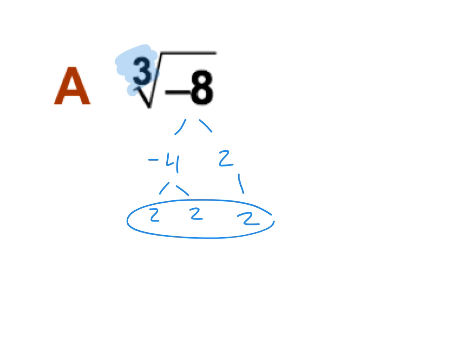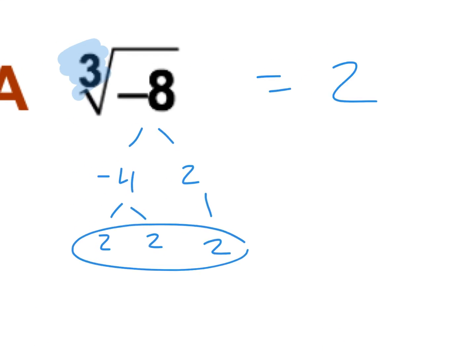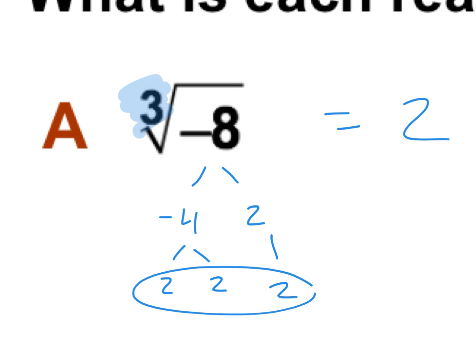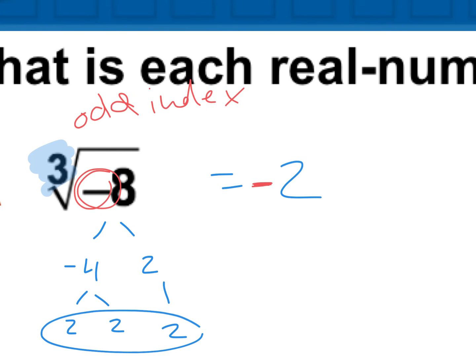So what comes out? A 2. So for this one, which there wasn't a slide to explain it, whenever you have an odd number as your index, so an odd index, and a negative on the inside, your answer is going to be negative.